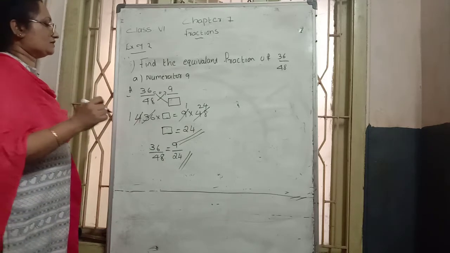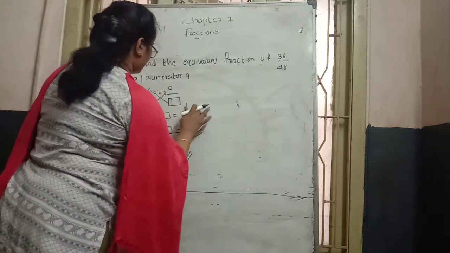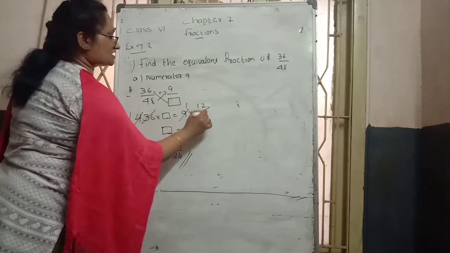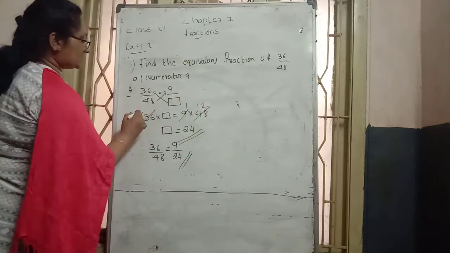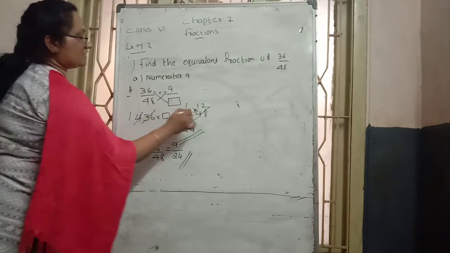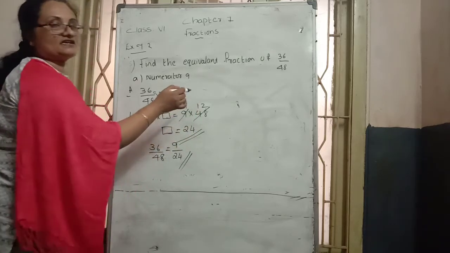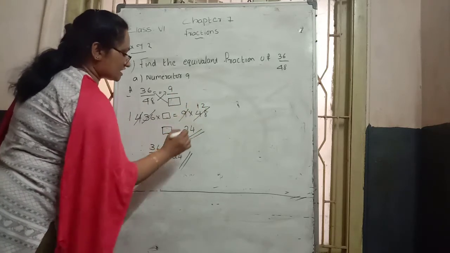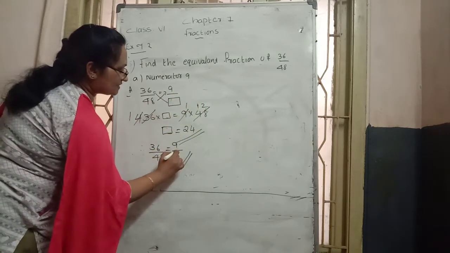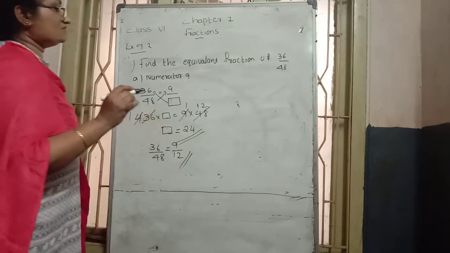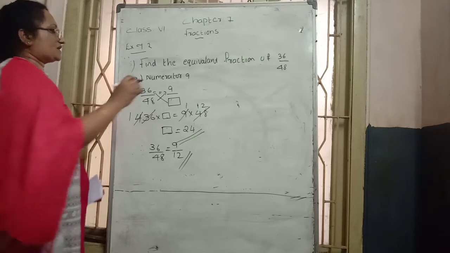Sorry, 12, not 24: 4 table, 4 one time; 4 table, 48, 12 times. So the answer becomes 9 by 12. I hope you can understand.